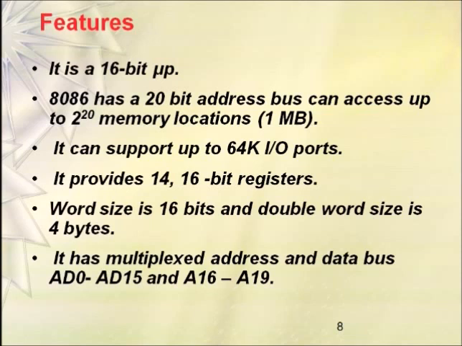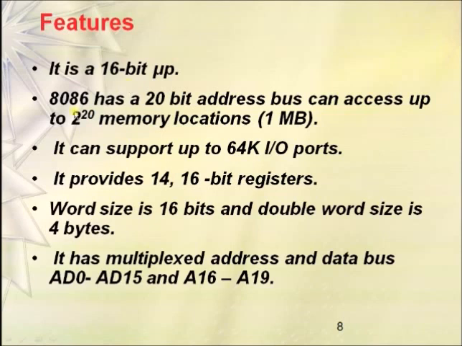A 16-bit microprocessor can carry out a maximum of 16-bit operations, so that is why it is called a 16-bit processor. Or else I can say that the capability of the ALU is 16-bit. It can only go with a maximum of 16-bit operations.